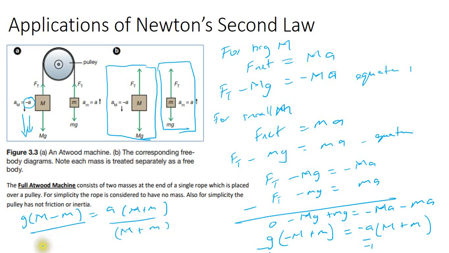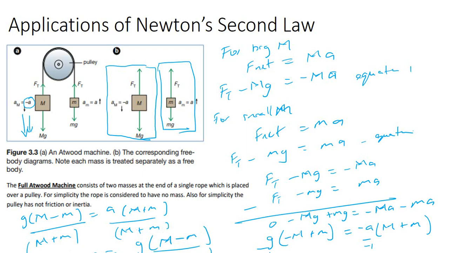So our acceleration for a full Atwood machine is nothing more than saying acceleration is equal to gravity times the big M, which is the larger mass, minus the smaller mass, divided by the sum of the masses.